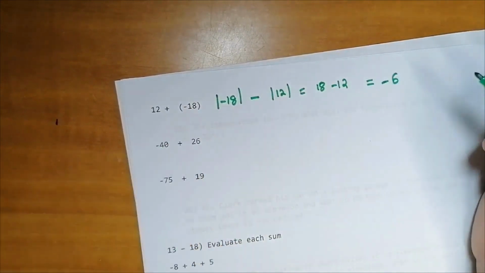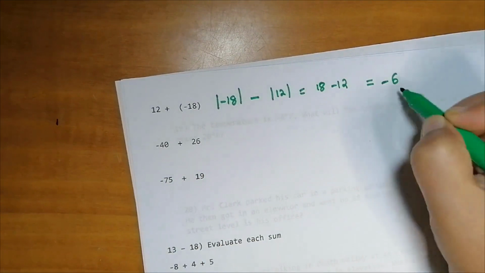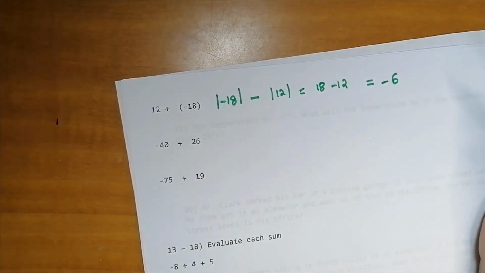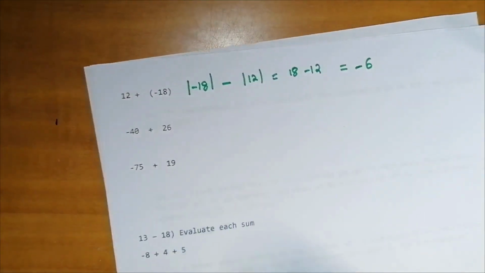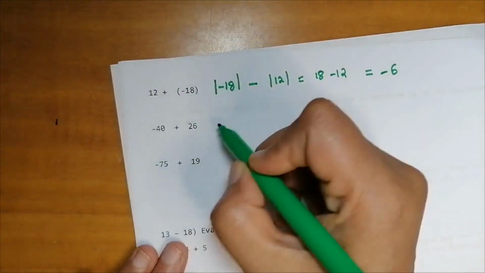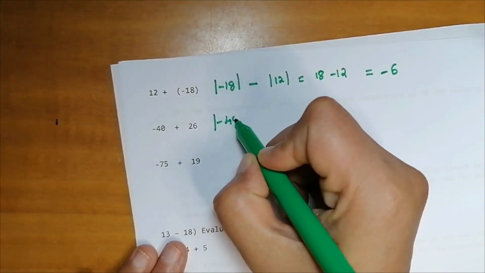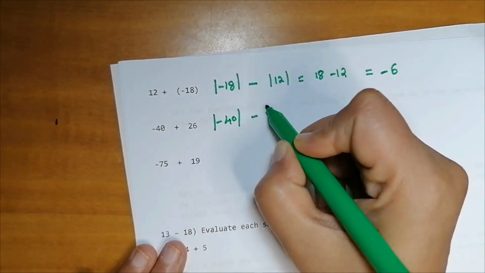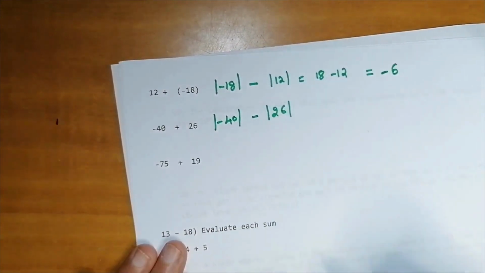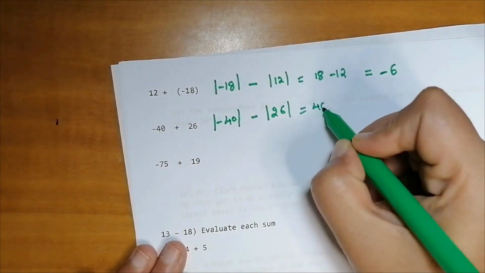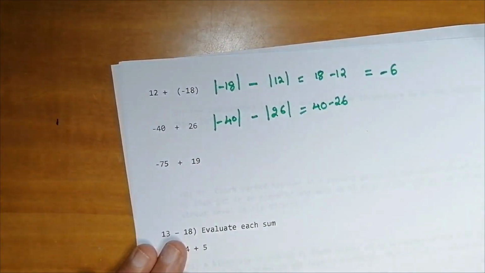So this is the larger number, right? So this becomes minus 6. Okay, let's do one more. It's the same process. So here 40 is larger, right? So we write absolute value of 40 minus absolute value of 26. So this is 40 minus 26, right?